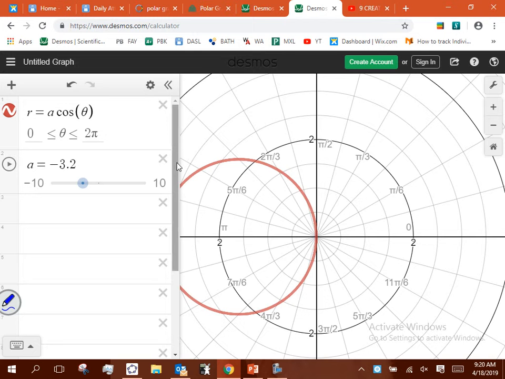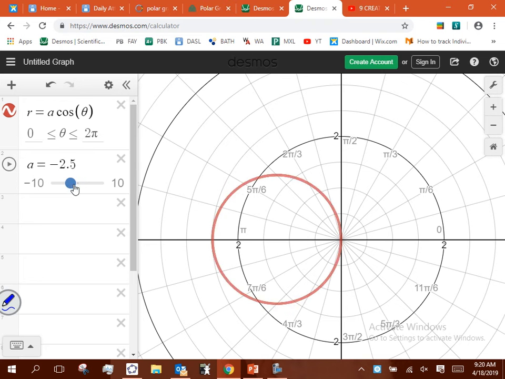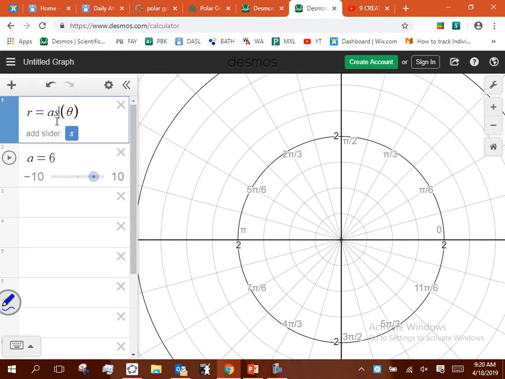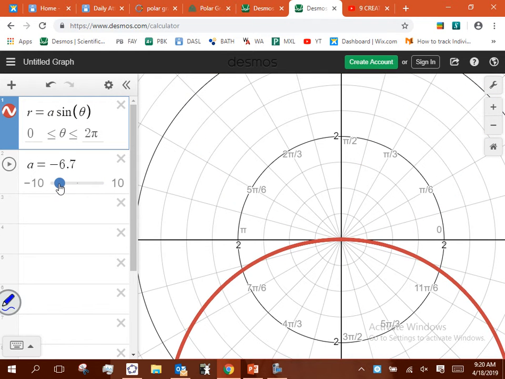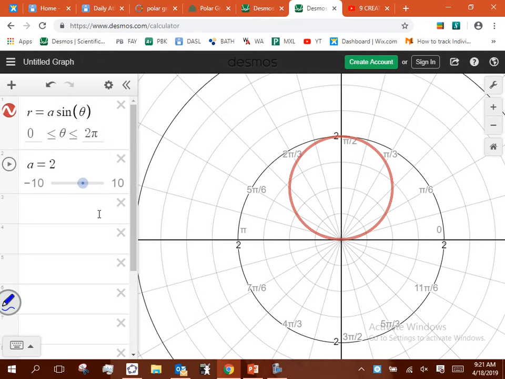So there are aspects that are similar to what we talked about in rectangular systems. When you multiply by a negative, it reflects it over a particular axis, right? Well, with this, when I multiply by a negative, it reflects it across this axis here. If you were to go back to sine, so you have that circle, if I were to make it negative there, it reflects it across that axis. So there are those relationships that we would investigate. Is that okay there, right?